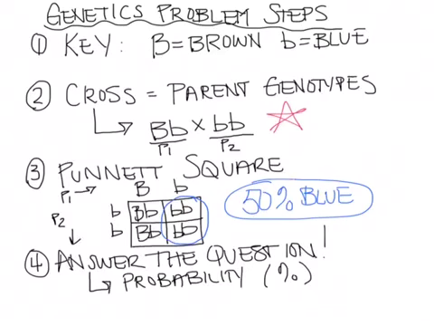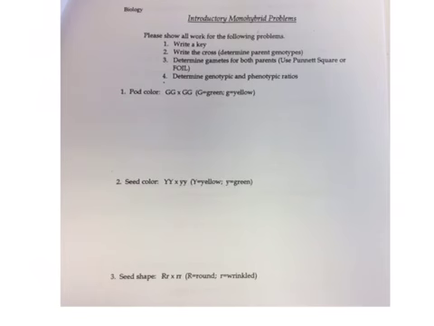If you wrote down 50% little b, that would be wrong because it asked for chance of blue feathers, and you would be giving me a genotype instead of the phenotype. Your answer always needs to have a number and a label.